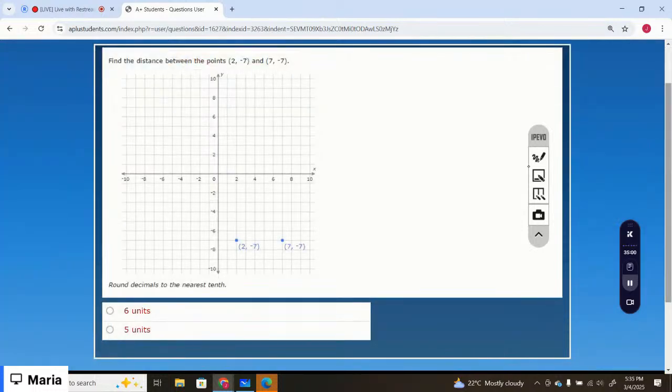Find the distance between the points 2, -7 and 7, -7. That is 5 units. Option number 2 is the correct option.